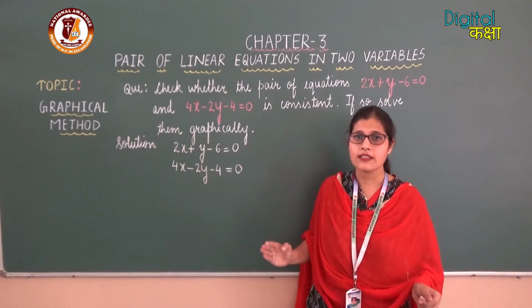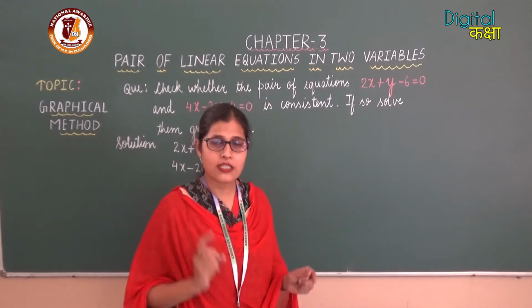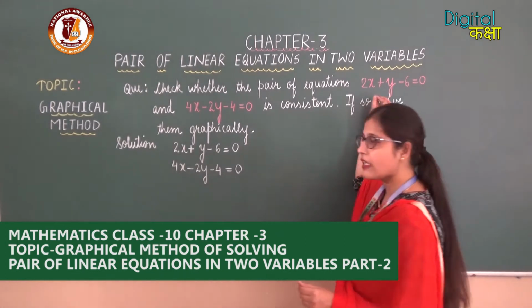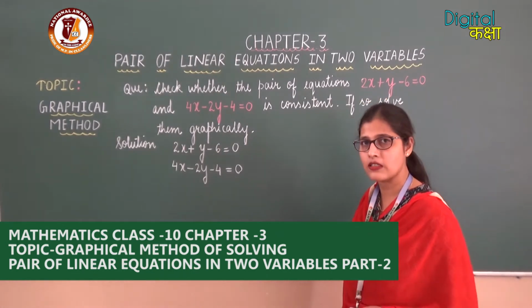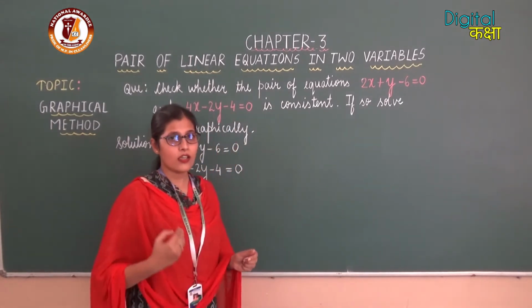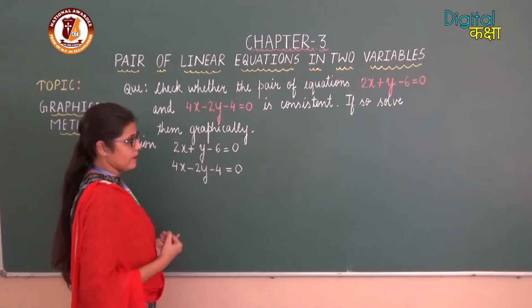Now, in this, the question has been divided into two parts. Firstly, you have to check whether the pair of linear equations is consistent, and in the second part, if it is consistent, you have to solve it graphically.